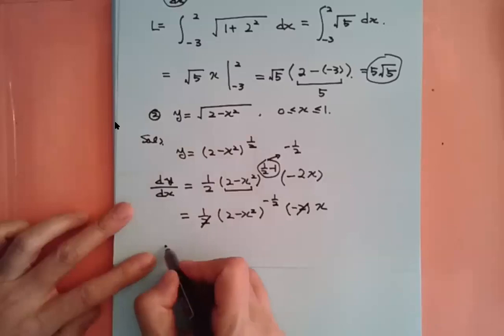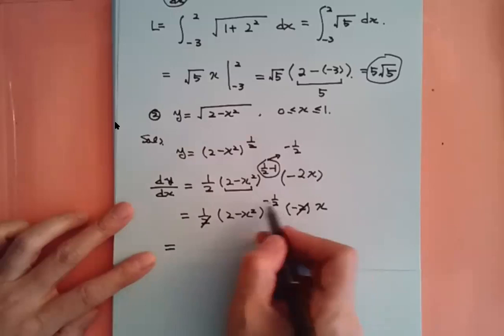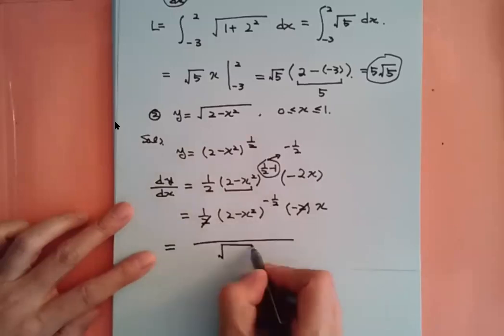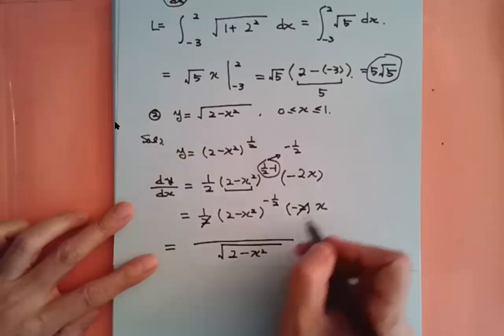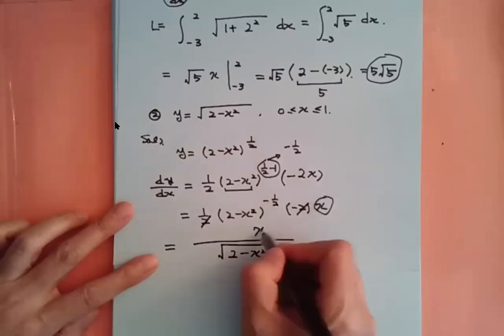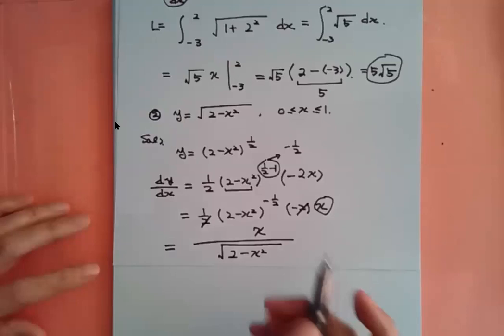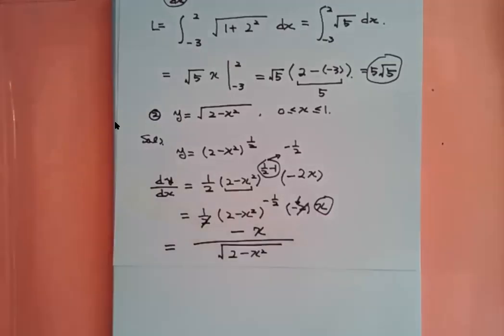And then this one is square root of something, but negative power, so we can place that in the denominator as a square root. So 2 minus x squared, and the numerator will be x. And there was a minus here, so I will put minus there.